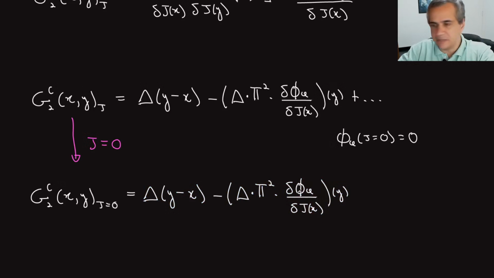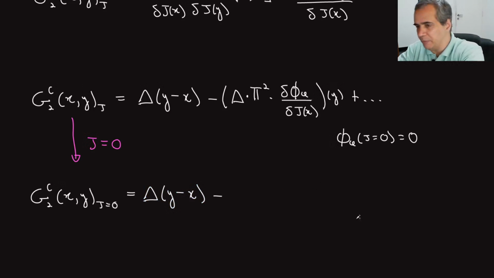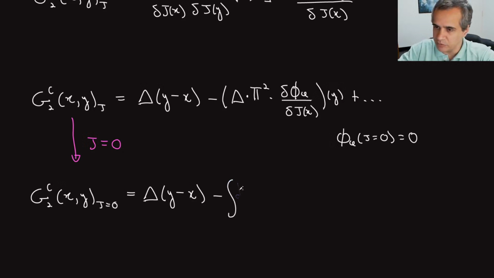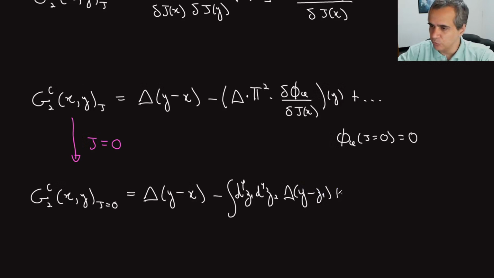I want to make my scalar products explicit. There are two scalar products, so two integrals, d4z1, d4z2. I have this propagator, the one that depends on y, from y to z1. Pi 2 depends on two points, z1, z2.